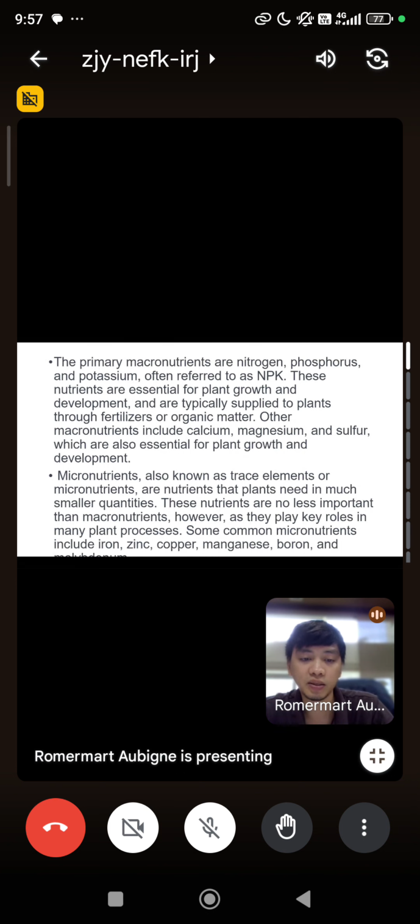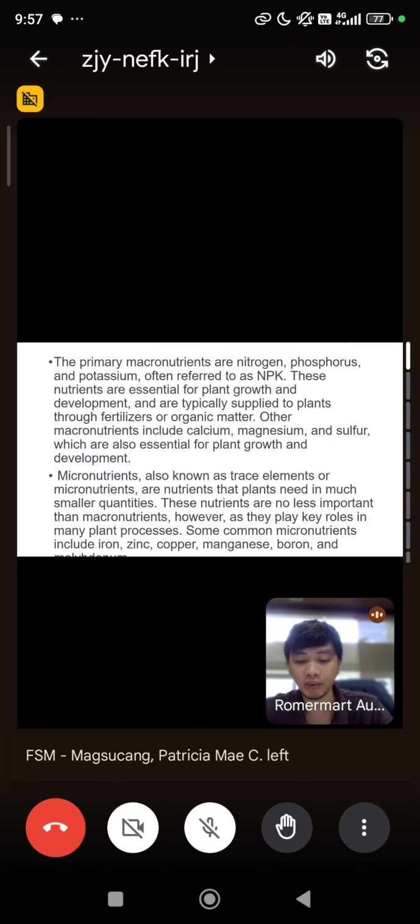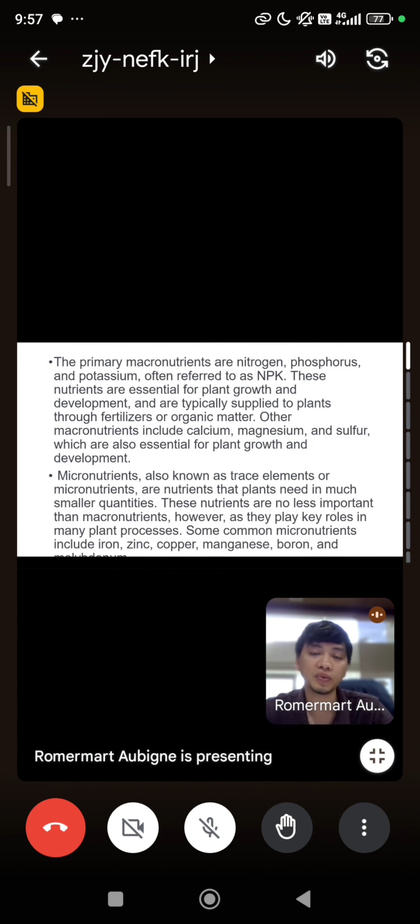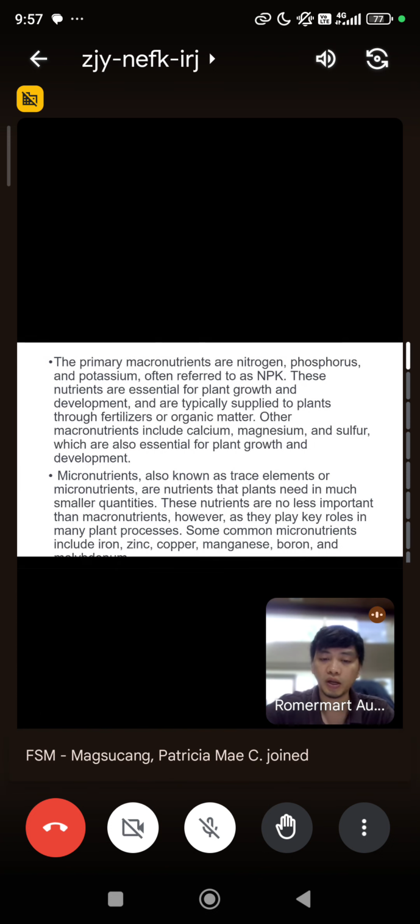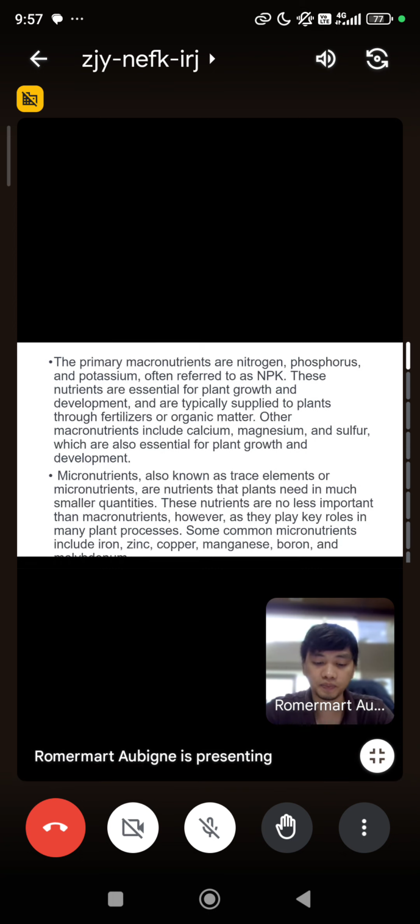Some common micronutrients include iron, zinc, copper, manganese, boron, and molybdenum. These nutrients are often supplied to plants through fertilizer or soil amendments, and deficiencies can be corrected through the application of micronutrient fertilizer.